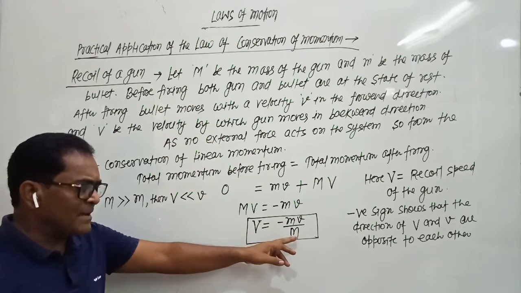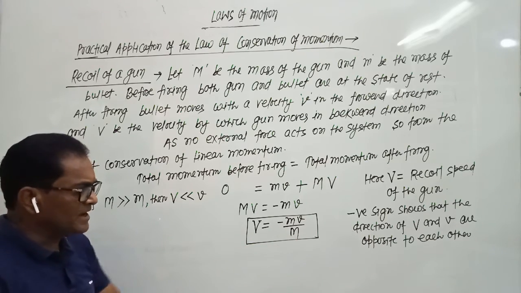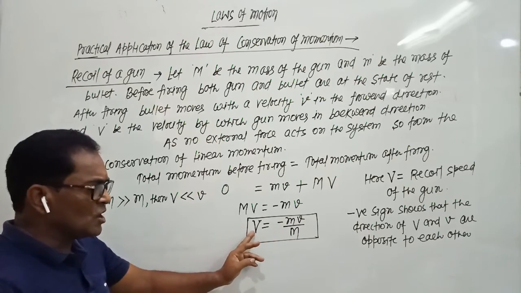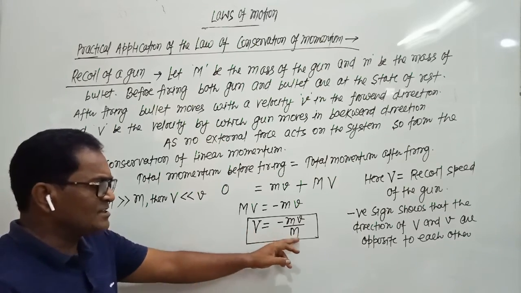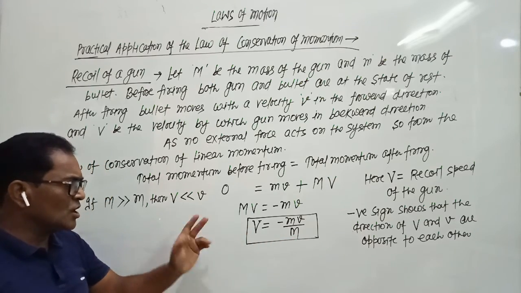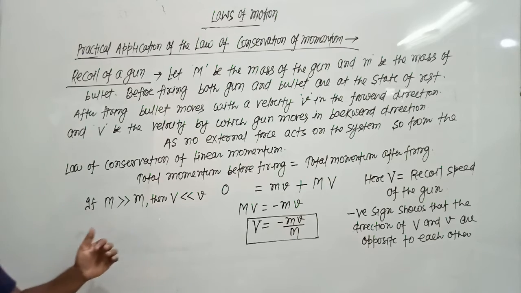As capital M, which is in the denominator, increases, recoil speed goes on decreasing.